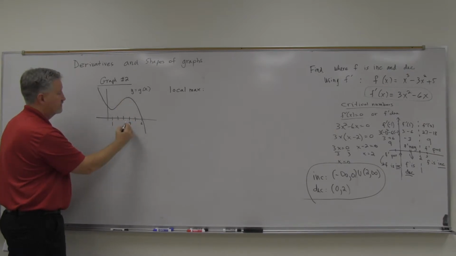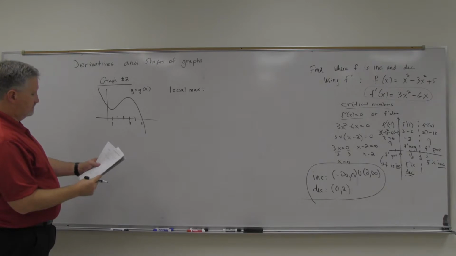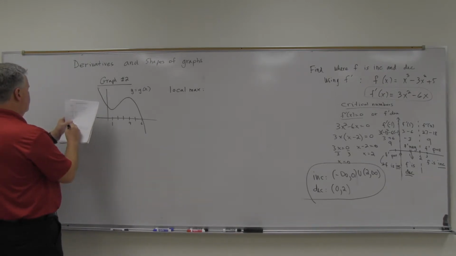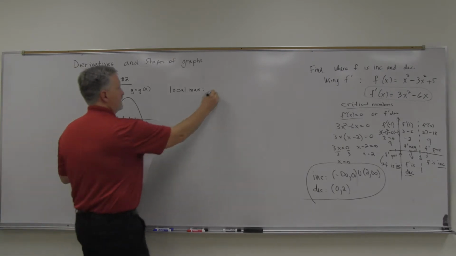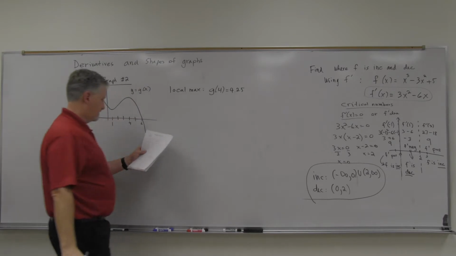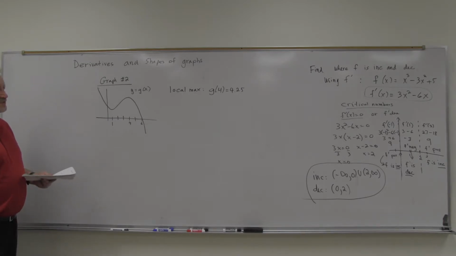G of 4, maybe a little more, what does that look like? Probably 4 1/4 or something like that. A little above 4, I think, using my vision here. Maybe a little off, but you agree there? That would be a local max right here.